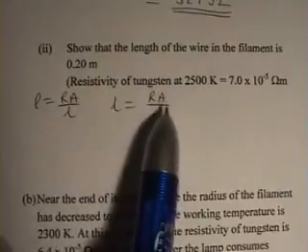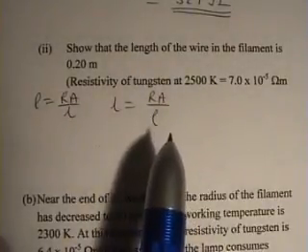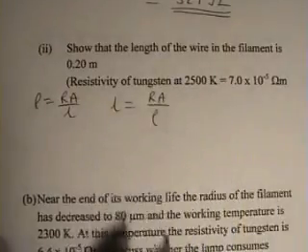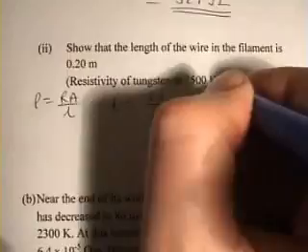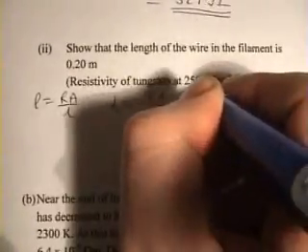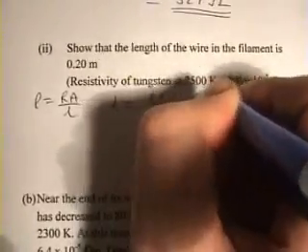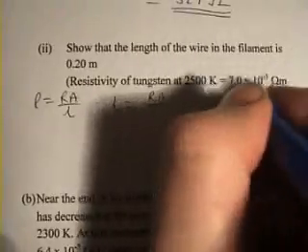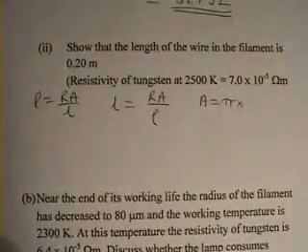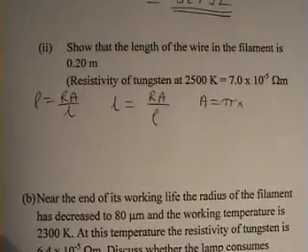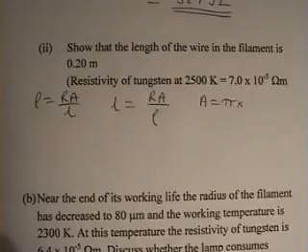Now before we can use this formula, we need to calculate A. And we could put the numbers in and put it on our calculator, but that would get quite messy, so I prefer just to do a little side calculation to find the area. So area equals, well, it's pi r squared, and the radius, and note the question doesn't actually tell you the radius, which is a bit artificial, because if you ever measured a wire, what you really measure is the diameter.